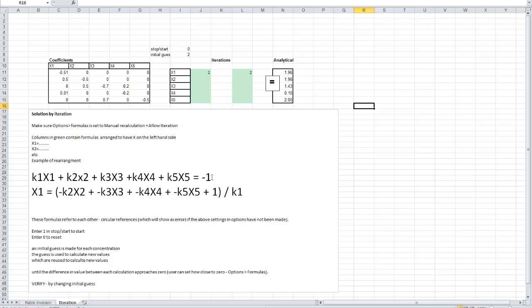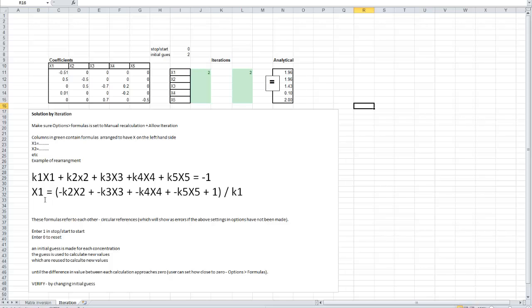What we need to do is to get x1, which is the concentration in compartment 1, on its own. So to do that, we need to subtract all these other terms and then divide by k1.